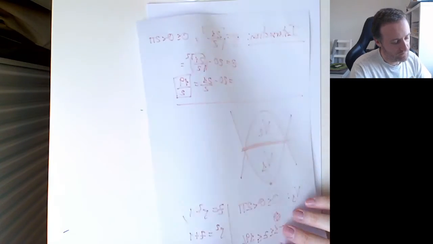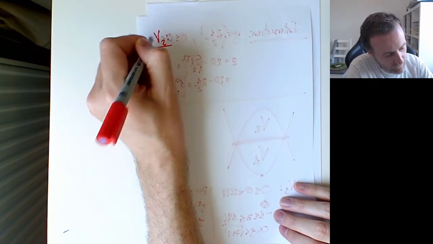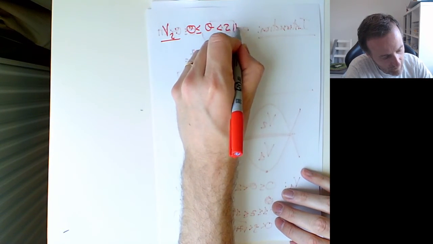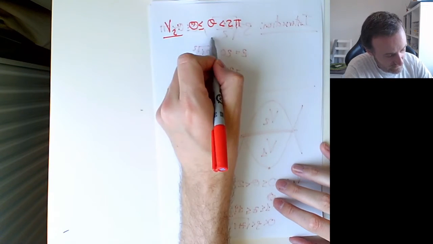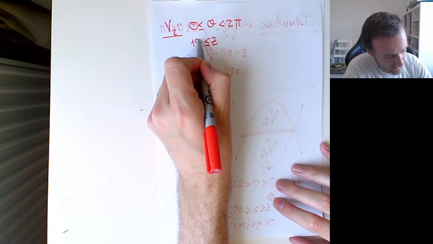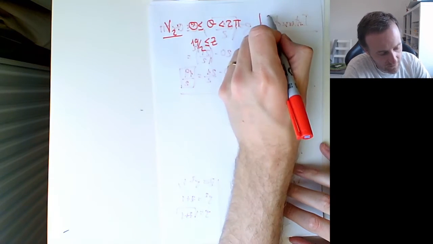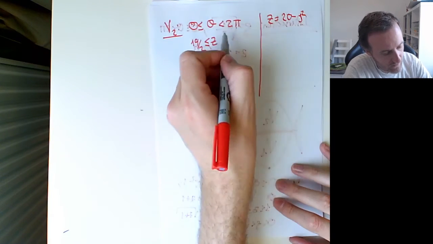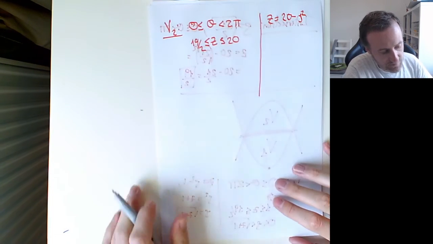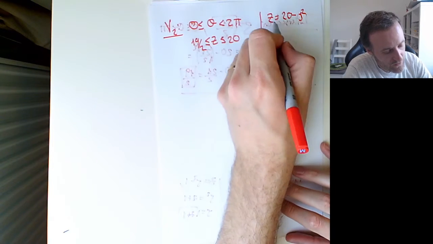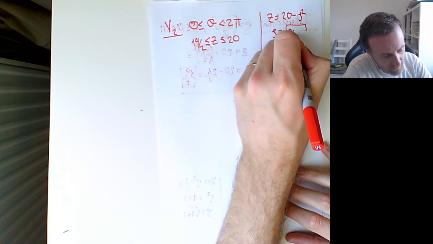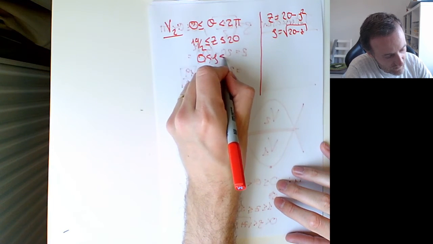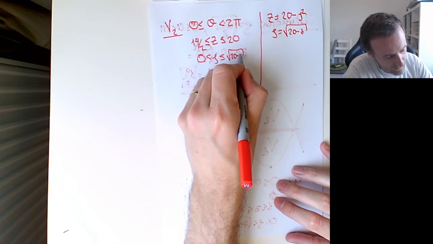The region for volume 2 is theta again between 0 and 2 pi. Z now is between 19 halves and 20, recalling that z was 20 minus rho squared, so when rho is equal to 0, we get 20. Now rho is the square root of 20 minus z, so rho is between 0 and the square root of 20 minus z.